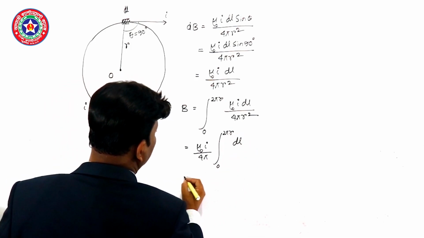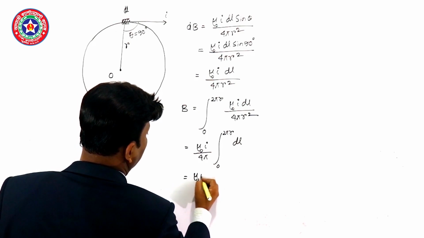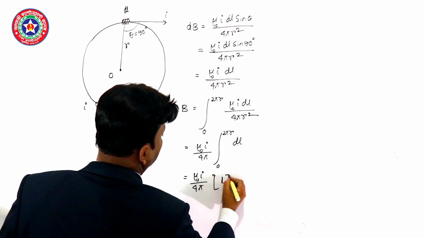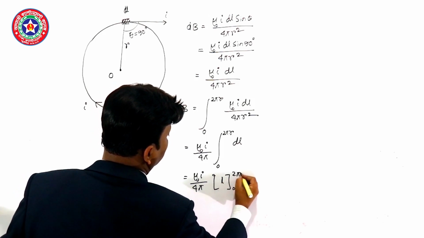After integration we get μ₀ I by 4π r² times l, with lower limit and upper limit.